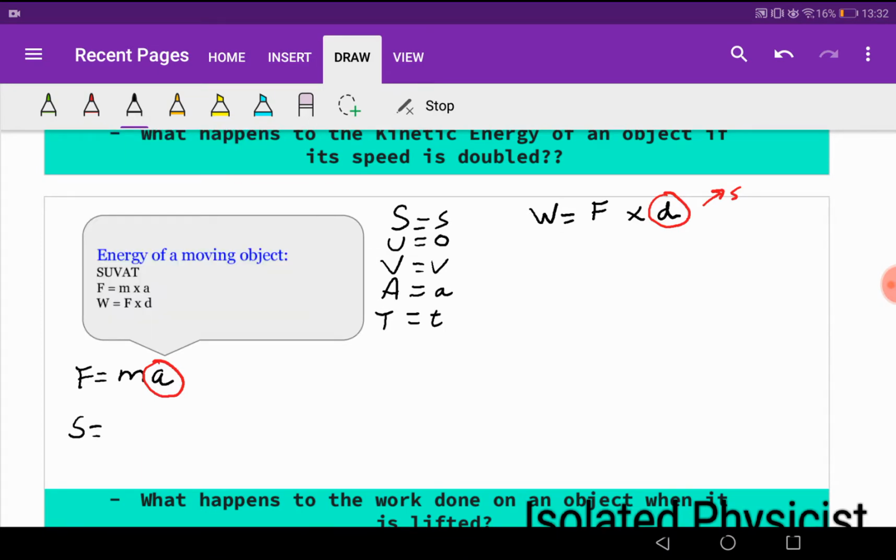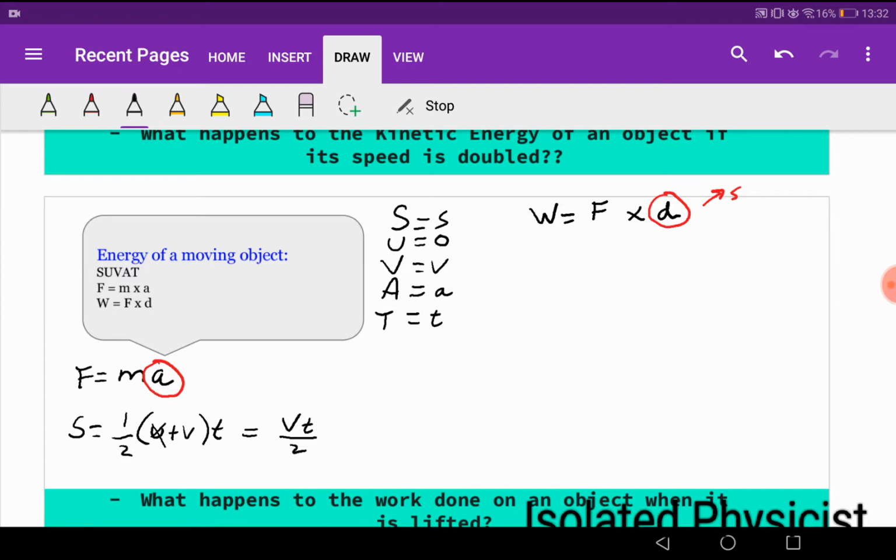Well, S is just, if we don't want to use A, because we don't know what that is yet, let's use a half of U plus V times T. U is 0, so that just equals VT over 2. So that's our distance travelled, VT over 2.